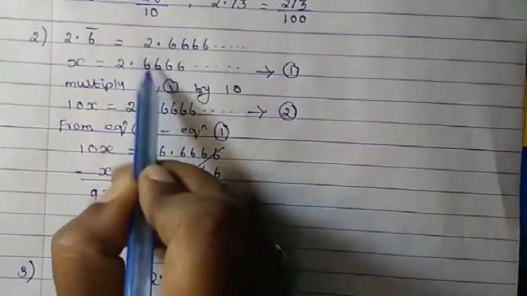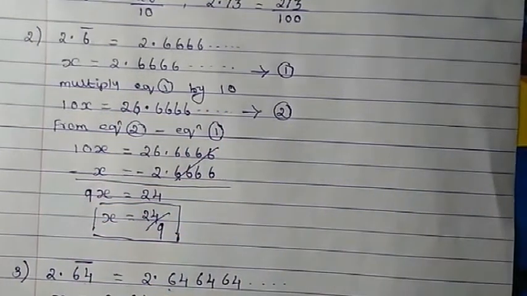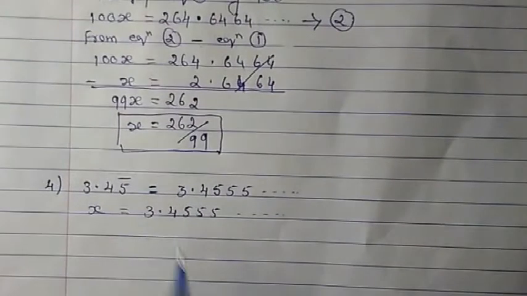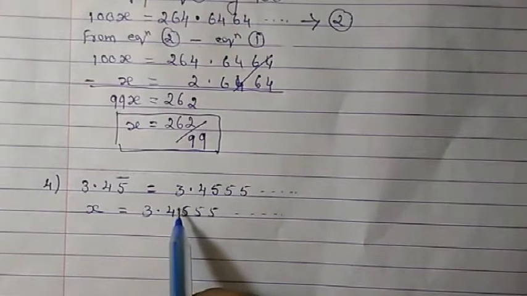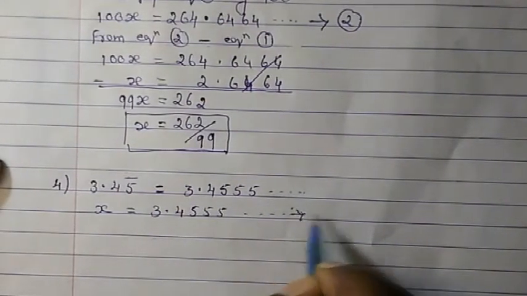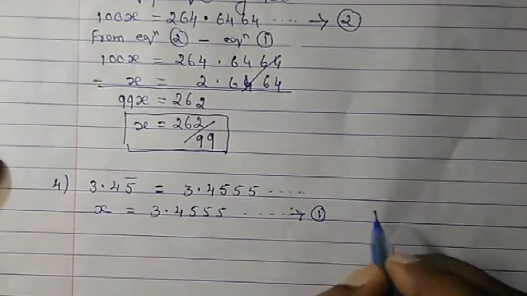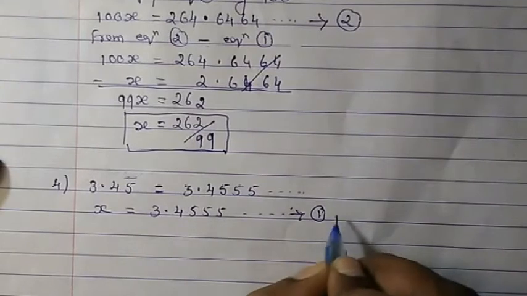To bring that 1 digit inside, we multiplied by 10. So first we'll do that. The 1 digit which is not being repeated, we'll bring it inside. So what will we do? Multiply this, you consider as equation 1.